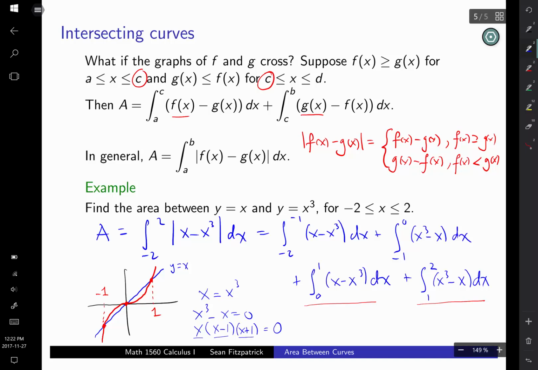Okay, so what do we get if we were to continue this? We get x squared over 2 minus x to the 4 over 4. I'm going to double the whole thing, and that's going to go from 0 to 1, and then I get x to the 4 over 4 minus x squared over 2 from 1 to 2.